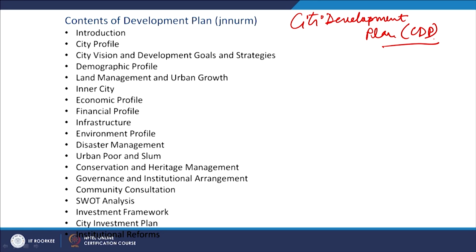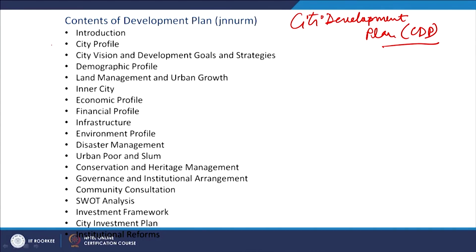In this exercise, the city development plan was formulated for the first time in the country, pan India, for all the local bodies, and it was also prescribed that the plan would be done through a participatory process. So, just have a look at what the components of those city development plans were. These are the basic information about the city profile, then vision and goals and strategies which are very essential at this initial level, demographic profile, land management and urban growth, inner city characters.